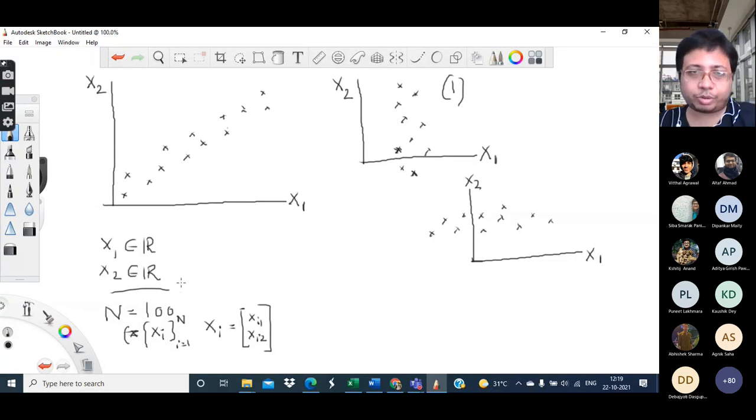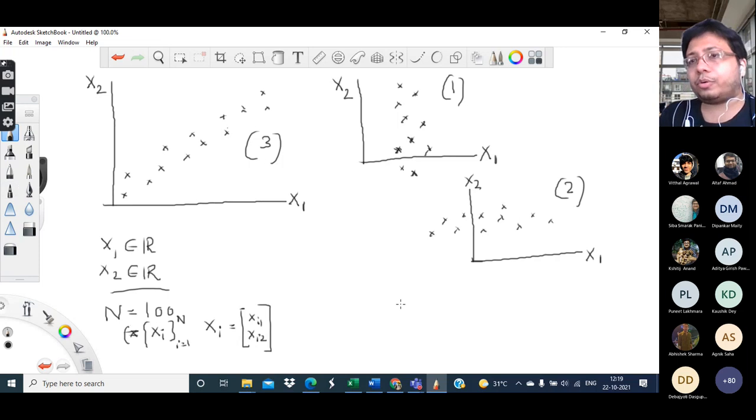I have written n equal to 100. Obviously, I have not drawn all the 100 points here, but I'm presenting maybe a subset of about 10 points or so. This is one data set, this is a second data set, and this is the third data set.